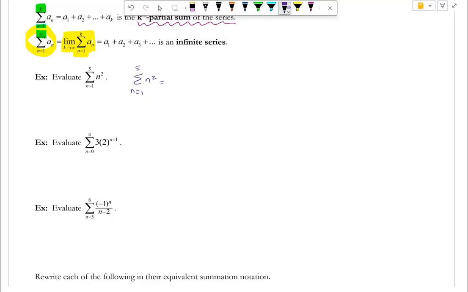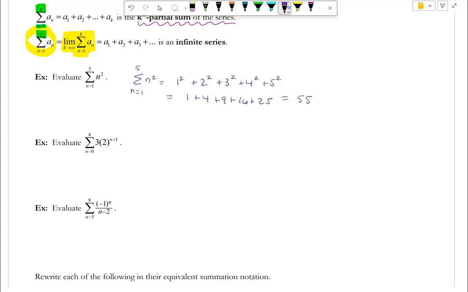Well, my first term is just when n equals 1, so that's 1 squared. My second term is when n equals 2, so that's 2 squared. And I'm going to keep doing this until I get to 5 squared, our fifth term. So when I add this up, this is really just 1 plus 4 plus 9 plus 16 plus 25. And when I add all those numbers up, I get 55. So again, a series gives us a value, and the value of this series is 55.